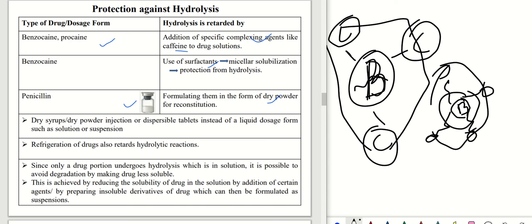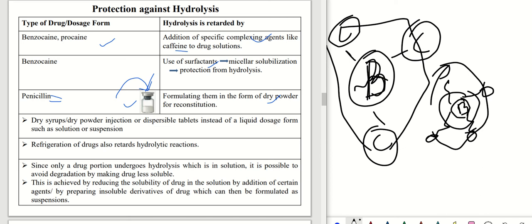When we add sterile water for injection inside, and when we shake it, we can take back this drug solution and inject into the patient's body. And that is how we are protecting this drug from being hydrolyzed, because it is produced in dry form. There is no chance of it getting in touch with any kind of moisture or aqueous solvents.